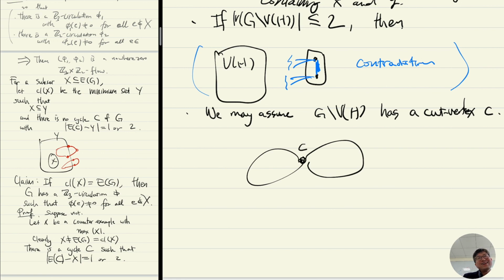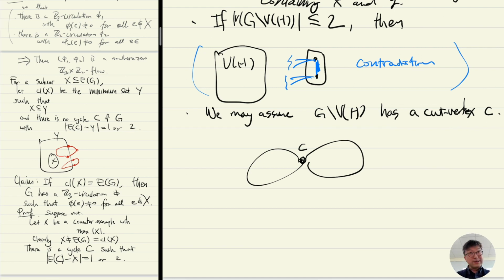Why do I care? Remember, we had this block decomposition, right? So we can partition the edge set of the graph by the equivalence relation, saying 2 edges are in the same cycle or not, right? That was the equivalence relation. So that will give me a partition of the edge set into blocks.